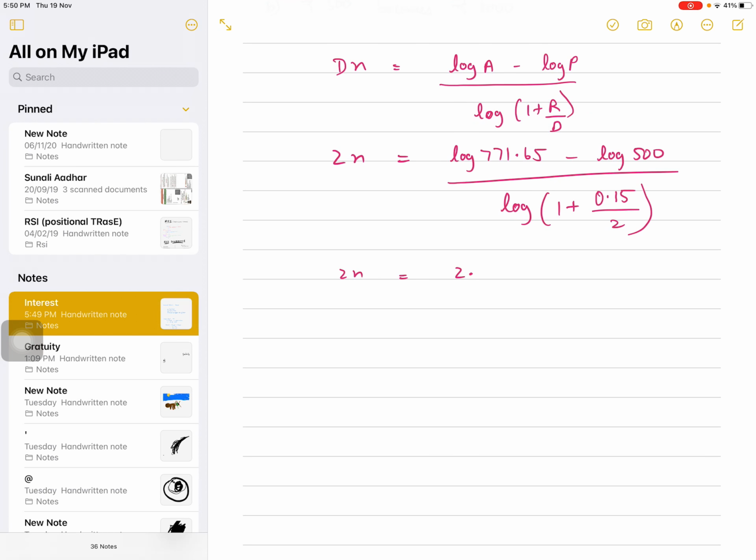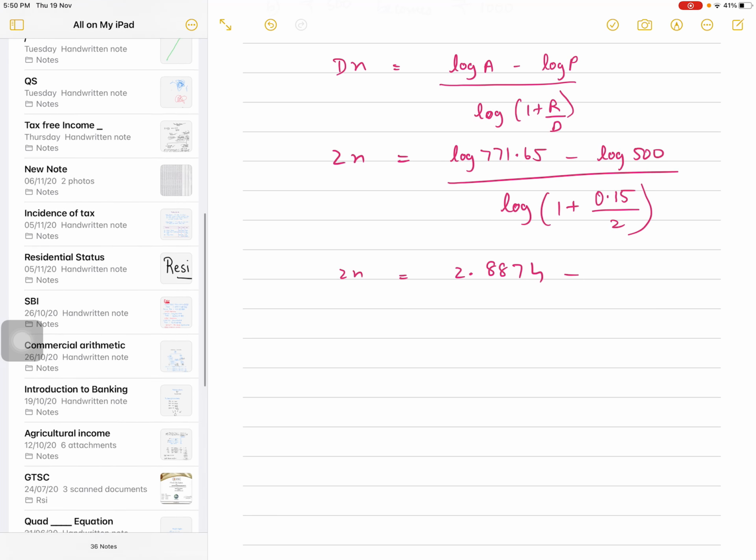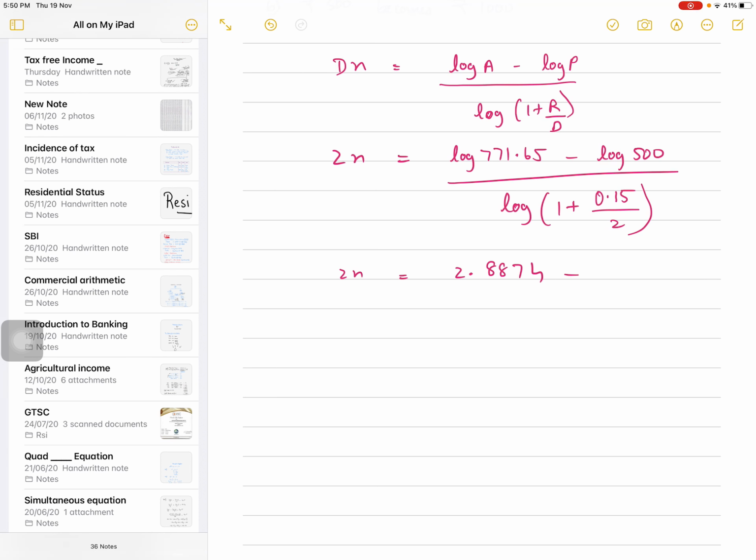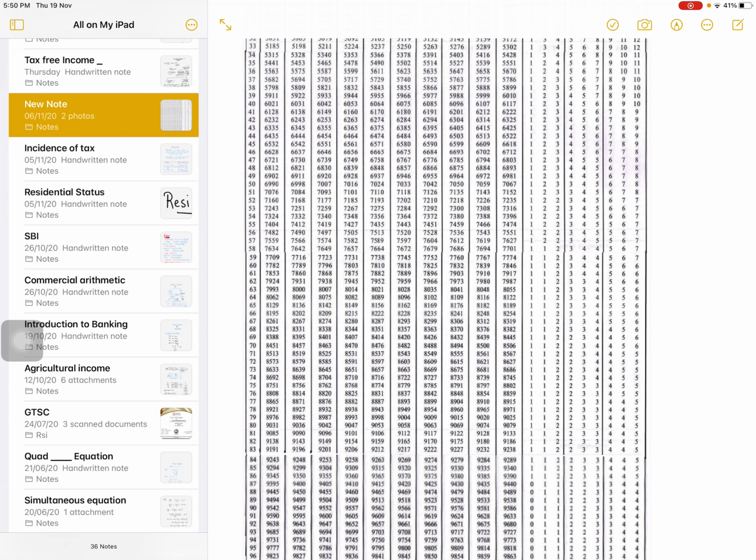Okay, so 2.8874 minus log 500. So similarly, let's find log 500. 50th row, 0 column is 6990.